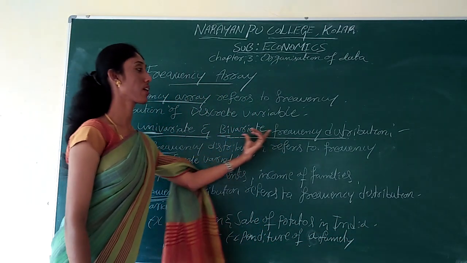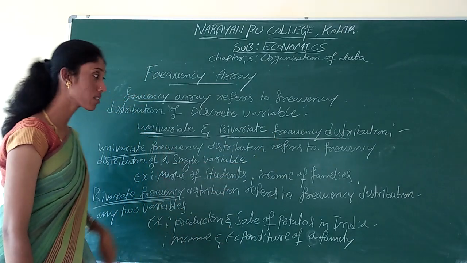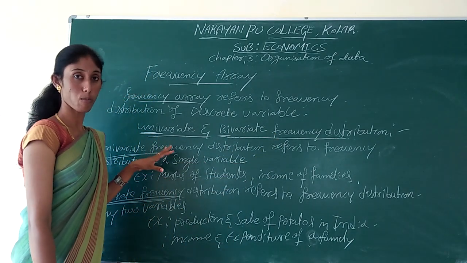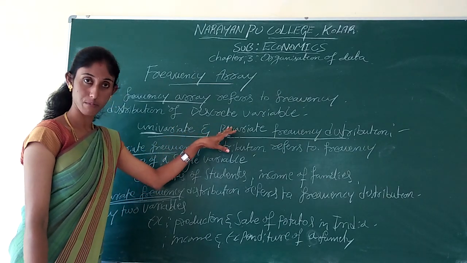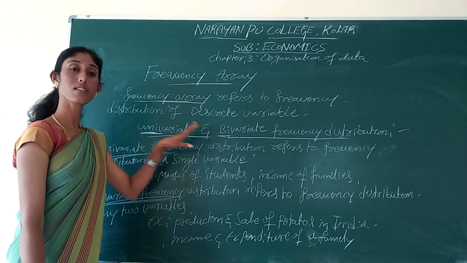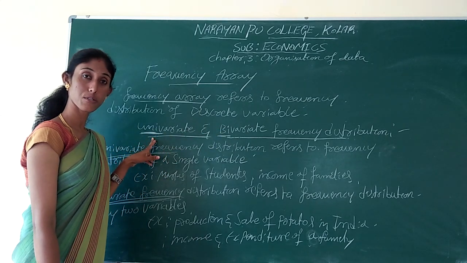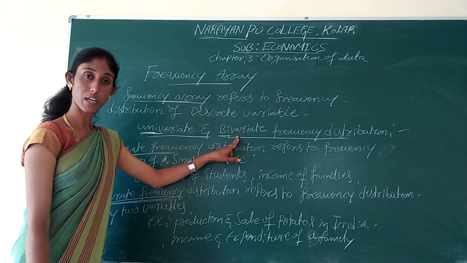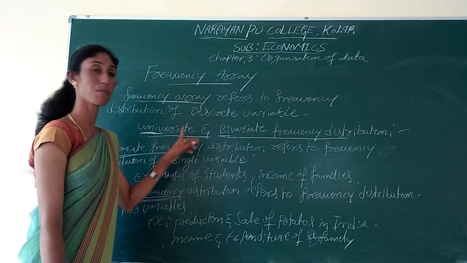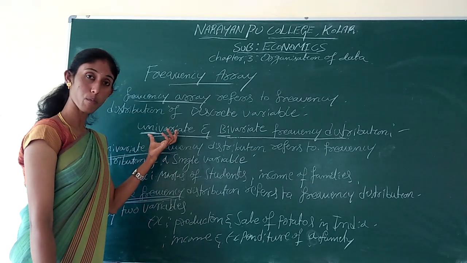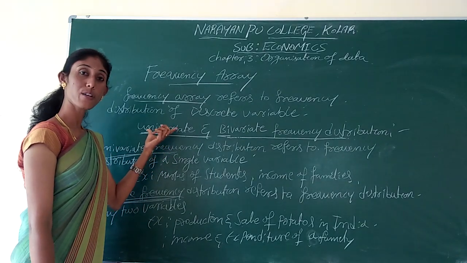Univariate and bivariate frequency distribution. This may be asked for 4 marks also: differentiate between univariate and bivariate frequency distribution. For 2 marks they will ask what is univariate distribution and what is bivariate frequency distribution. Even for 1 mark they will ask the meanings. That's why keep it in your mind. Once again I will repeat.